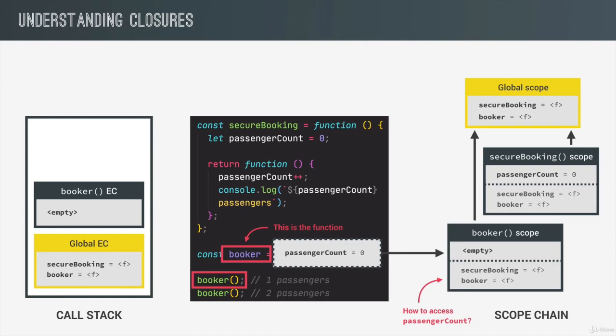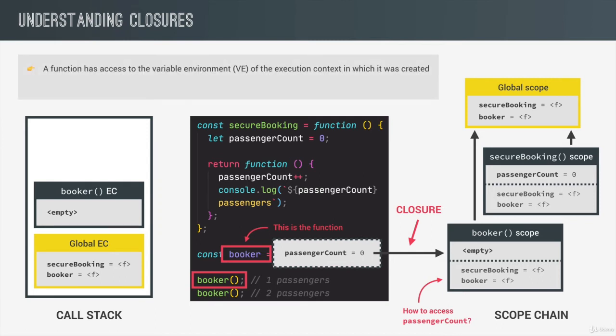And so it's this connection that we call closure. So let's say all that again to make this really clear. A function always has access to the variable environment of the execution context in which it was created, even after that execution context is gone. And this last part is really important.